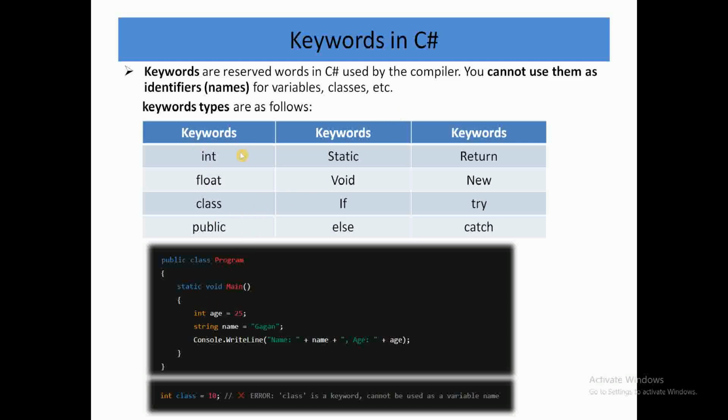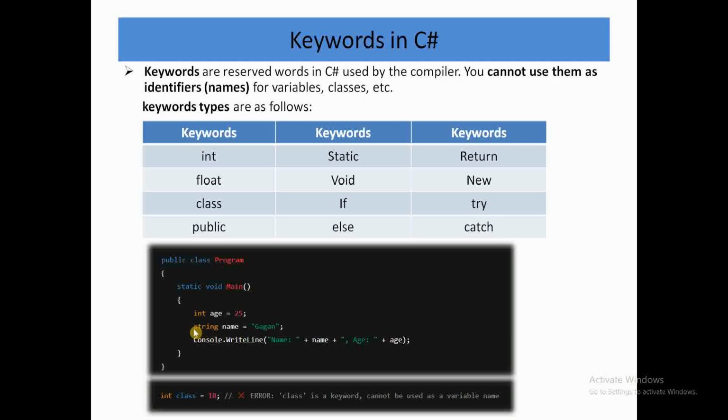Here are some keywords like int, float, class, public, static, void, if else, return, new, try catch. Here you can see the example. We have int age is equal to 25. Here int and string are keywords. These are created by default in C# programming.